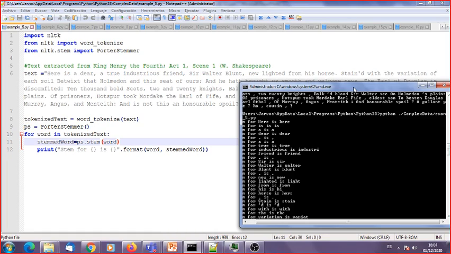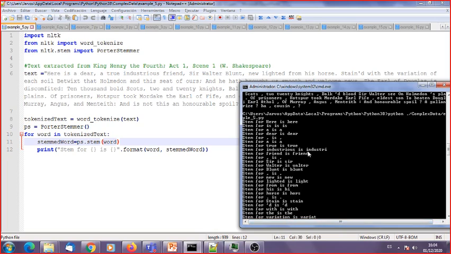The original form would be in the lemma, not the stem. Ah, okay, correct. For example, if the word is "industrious", it's retrieving "industri" with an I instead of a Y, if you can see.